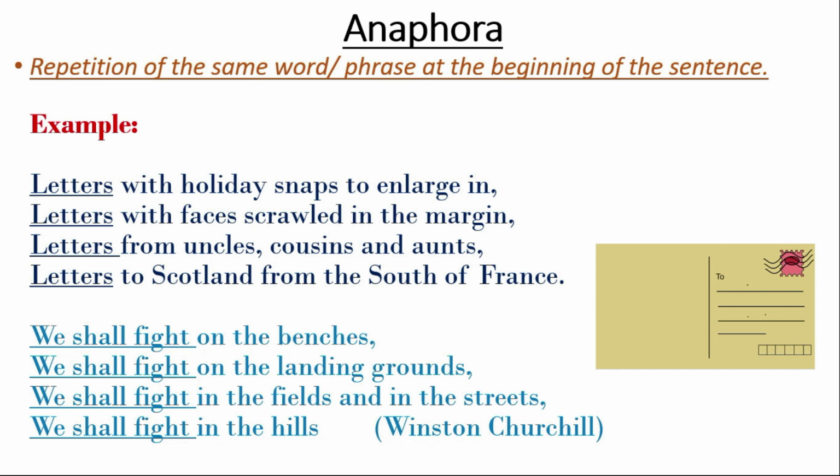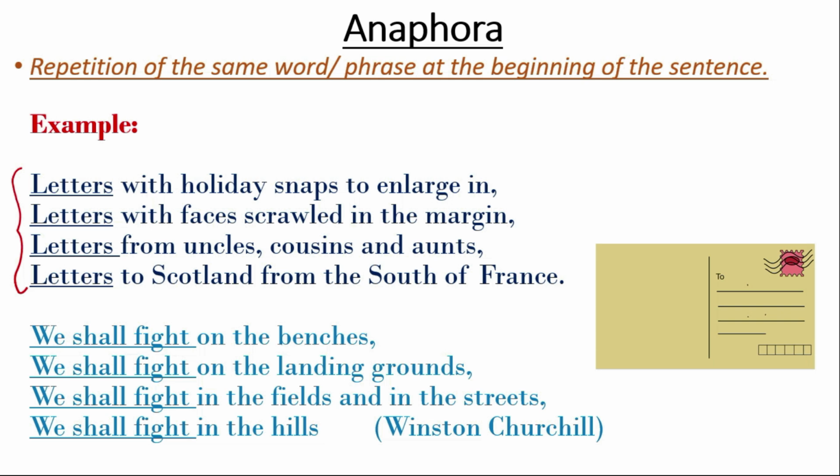So anaphora is the repetition of the same word or phrase at the beginning of the sentence. So you can usually find anaphora in poems so that it brings in a rhythm. Let's look at this example. This stanza I have taken from the poem The Night Mail.